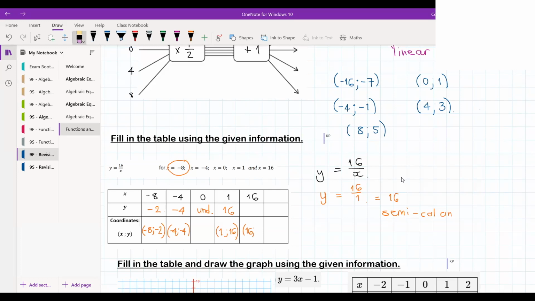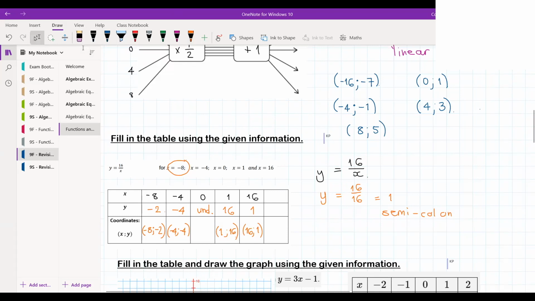Positive 16, and semicolon, 1, positive 1, good. And then close bracket. Beautiful. Very, very amazing. Nicely done. I thought I was wrong. Not at all, my sweetie. You did that very beautifully. Well done. 100%. Thank you, ma'am. Very nicely done.